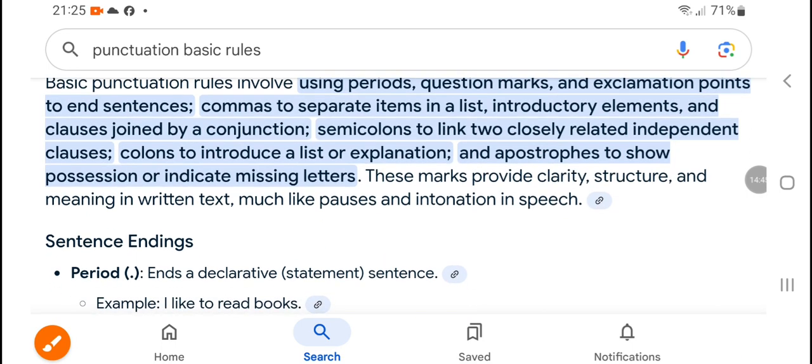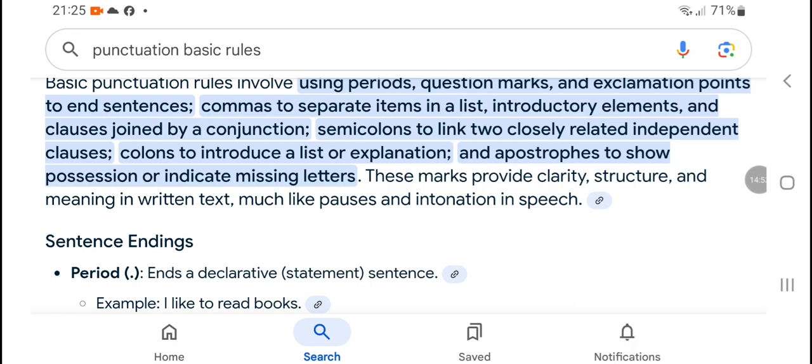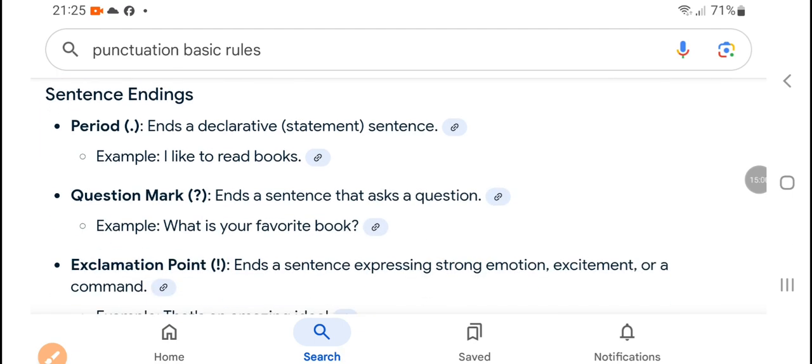Now we have seen the colon, semicolon, and comma. So these are the different signs we have discussed today.